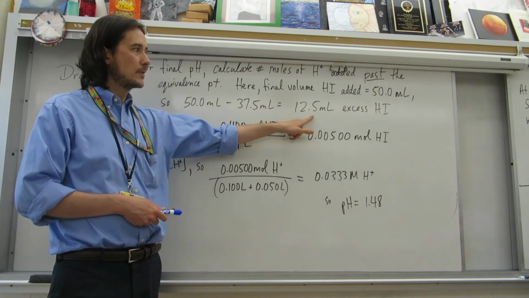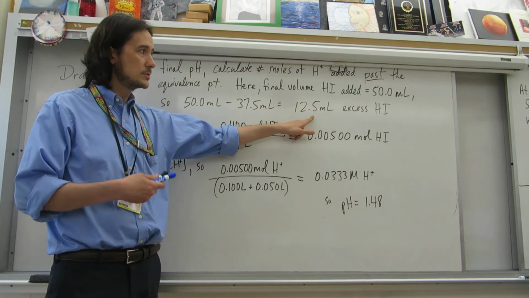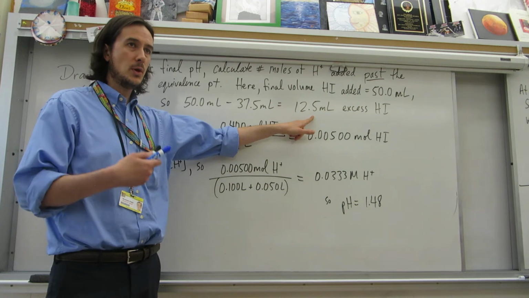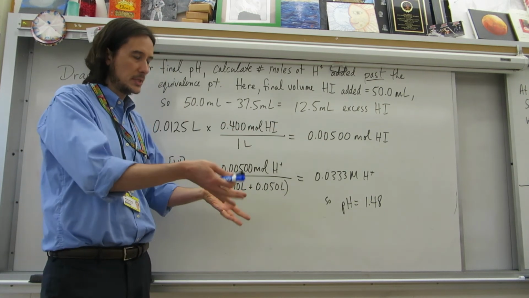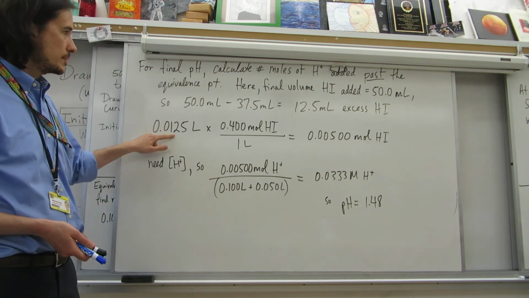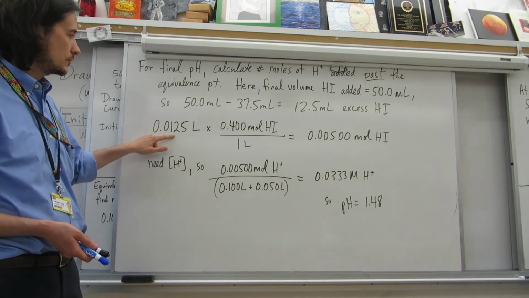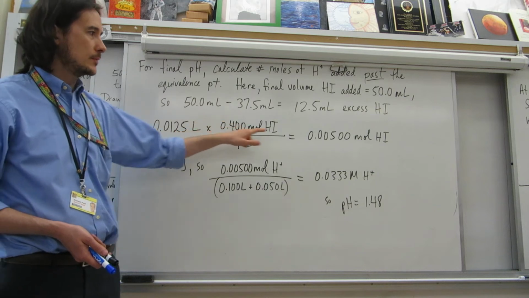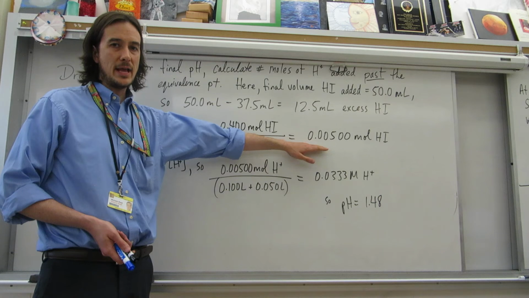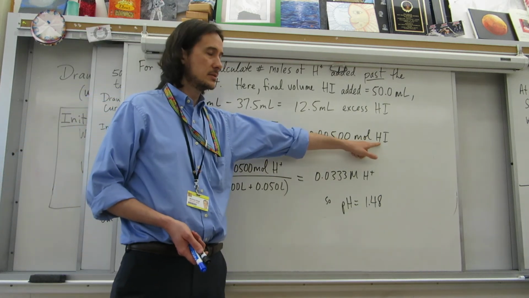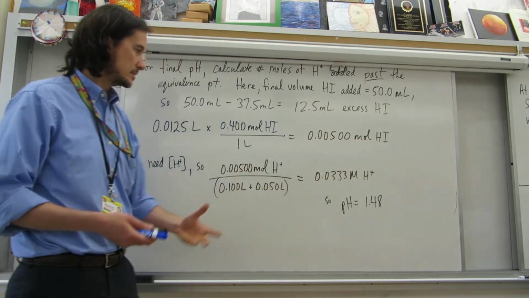So we've got 12.5 milliliters of excess HI. 12.5 milliliters added that did not react, so the H plus is still there. So we make that liters, 0.0125, multiply, and we get 0.00500 moles of HI, or moles of H plus, because it's a strong acid, excess.